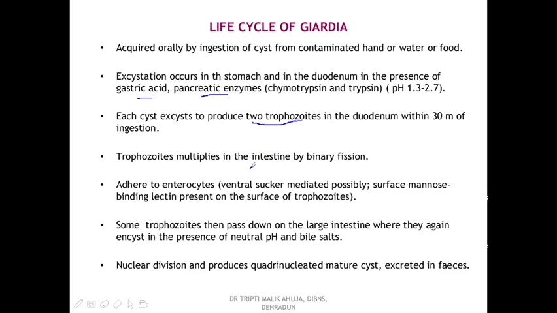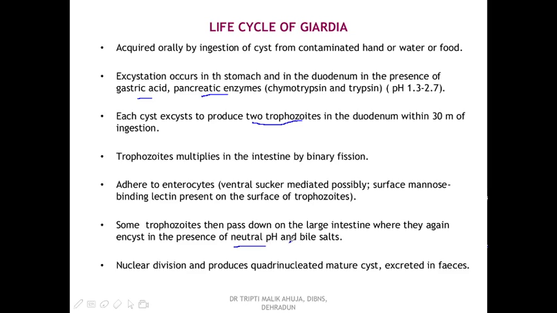The trophozoite multiplies actively in the intestine by binary fission. They adhere to the enterocytes by means of the sucker, and then pass to the large intestine, where they again form the cyst because here the pH is neutral and there are bile salts.